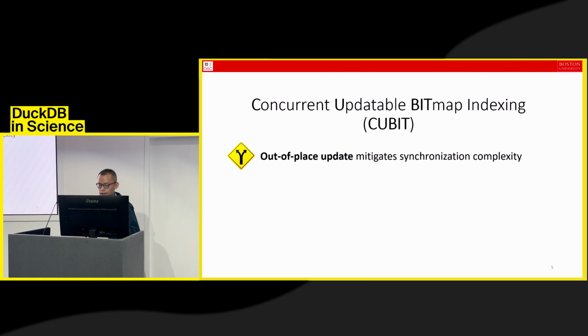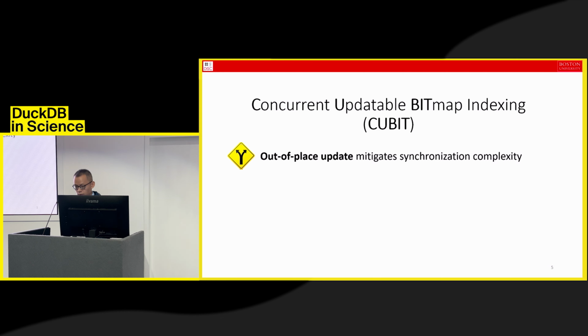To achieve that goal, Qubit employs 3 key building blocks. The first is out-of-place update. Specifically, rather than directly flipping bits in bit vectors, Qubit stores the update information in a per-bitmap log.